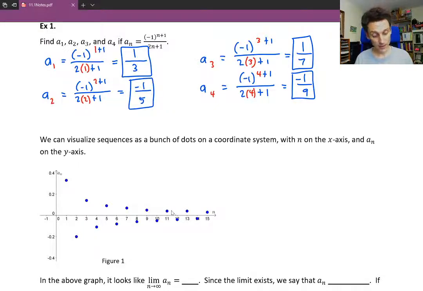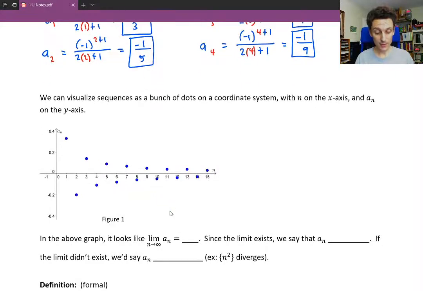And in fact, you could even say something about where these dots are headed. Like in the above graph, it looks like the limit as n approaches infinity of this sequence is what? What would you say? If you said 0, that's correct. Look at the y values of each of these dots. They're getting closer and closer to 0. They're alternating positive, negative, but they're getting closer and closer to 0.